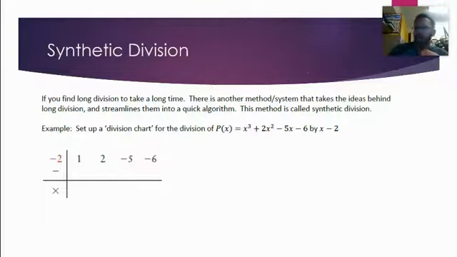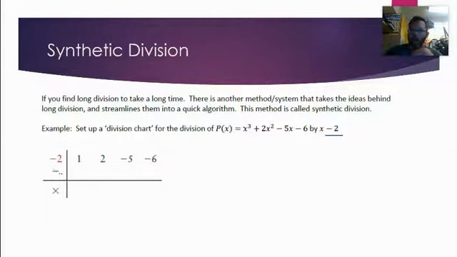Now, the first thing to notice with this table we set up here, this division chart, is that the minus 2 is actually just the number. You see how it's x minus 2, and we just plug in minus 2. Minus 2 goes up here. And then here we have the coefficients of our polynomial. 1, 2, minus 5, minus 6, right? So that's what we set up.